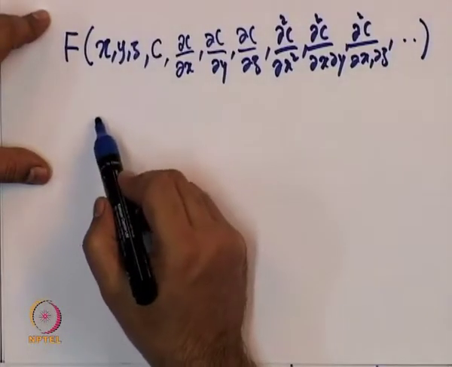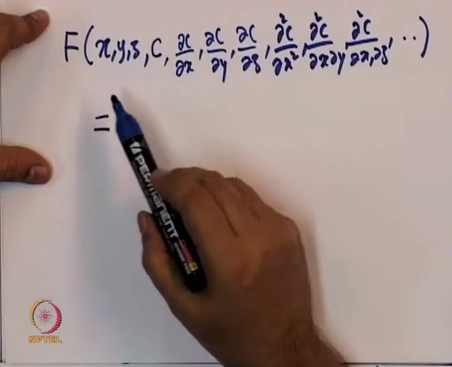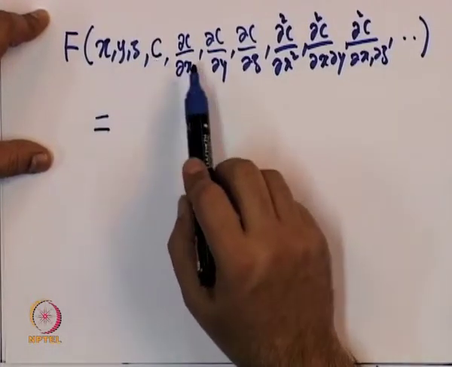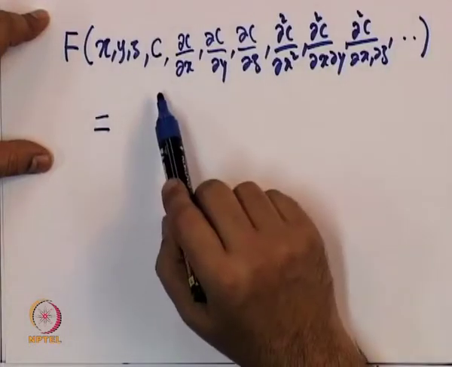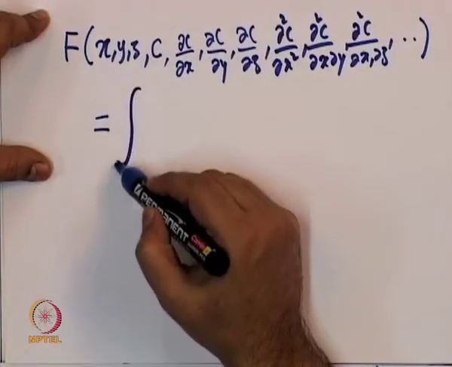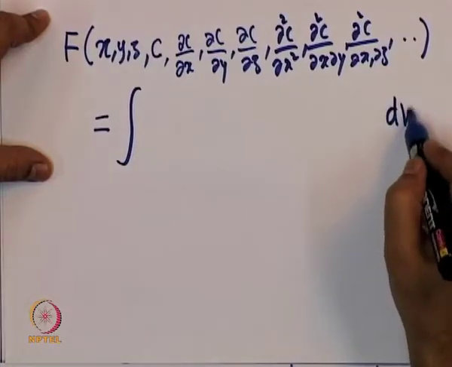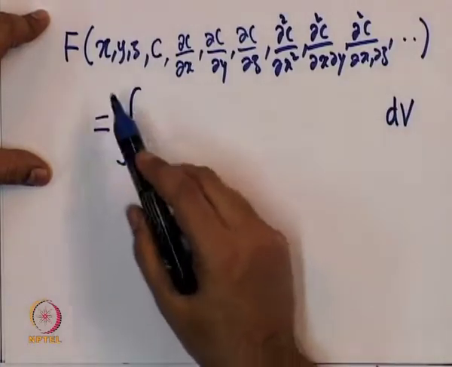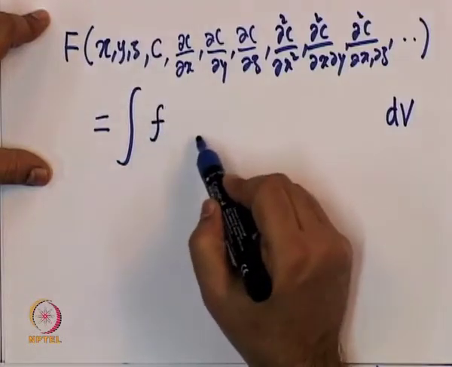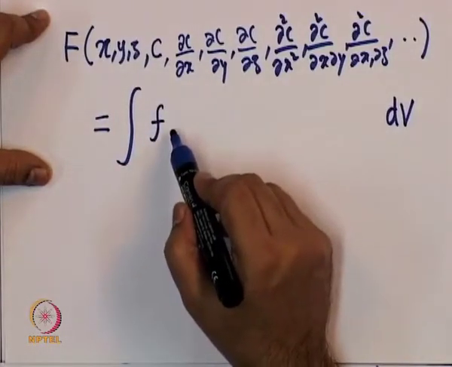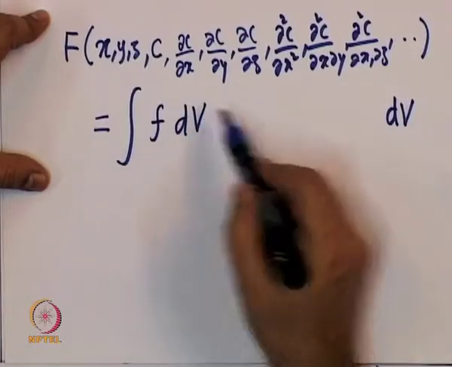That is a free energy functional, because now the free energy is not just a function of composition, but also its gradients and curvature and so on, and that is written as an integration over volume. And so we have this free energy F, and this F dV that we have.